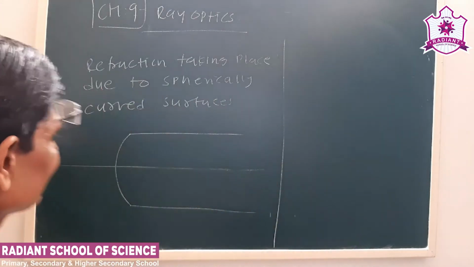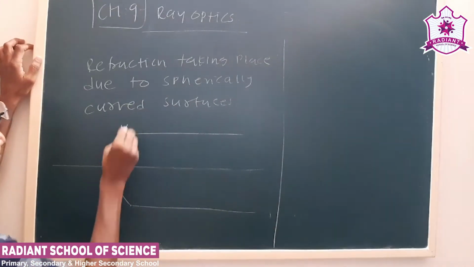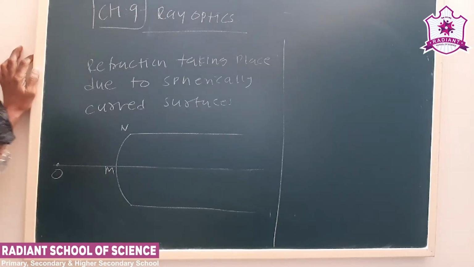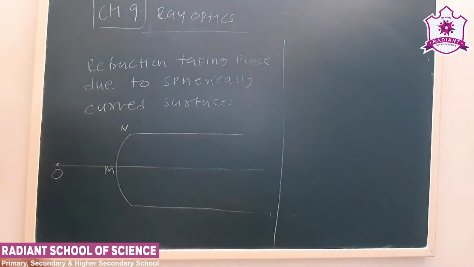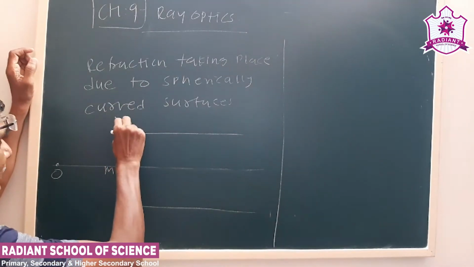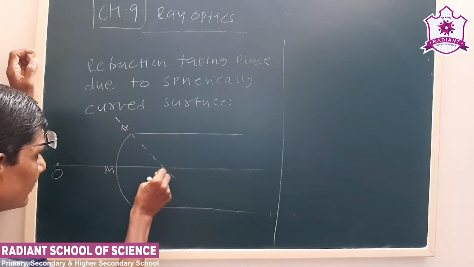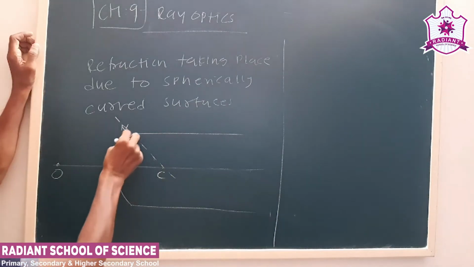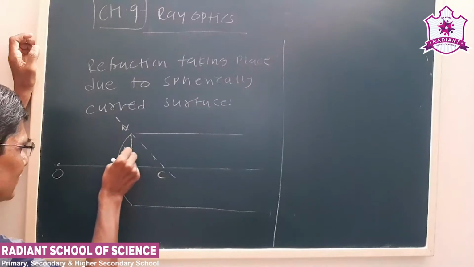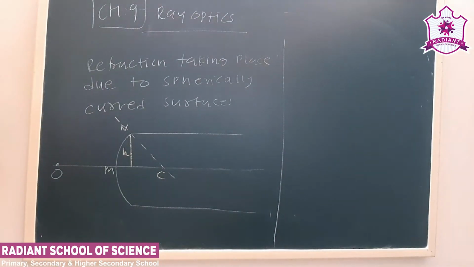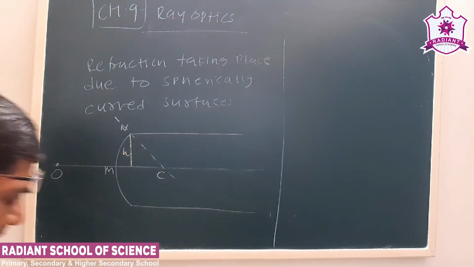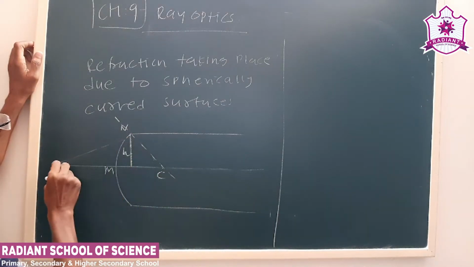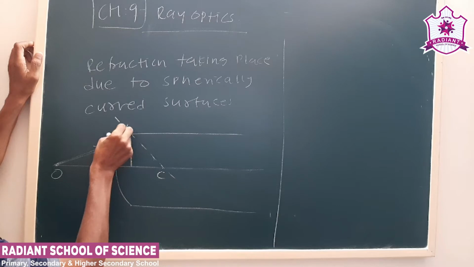Now let us say this MN is our surface, and a point object is here. The normal is passing through the center of curvature. Let us say this height is h. Now the ray is incident at angle i like this.